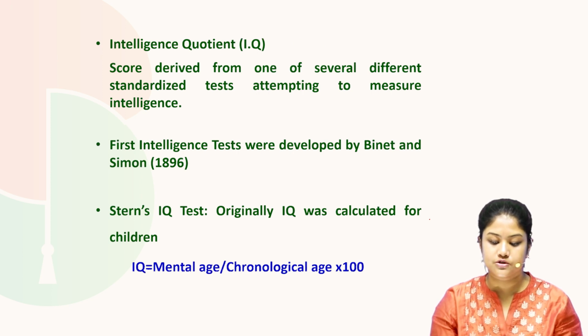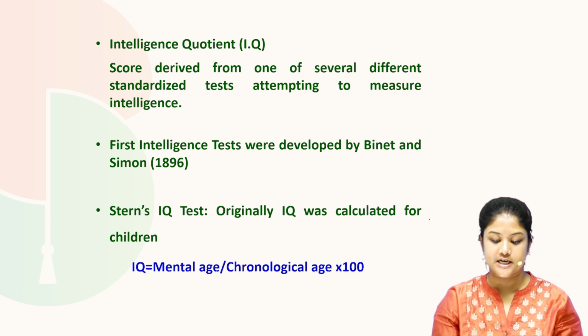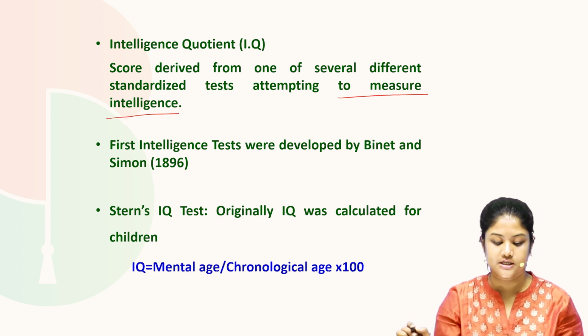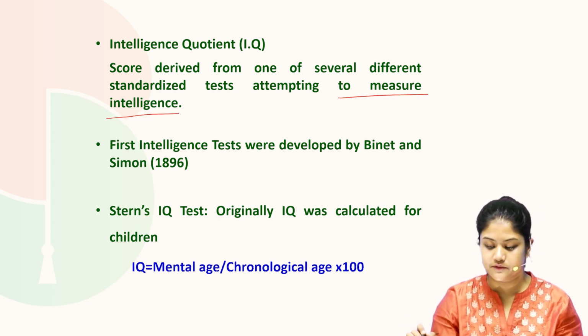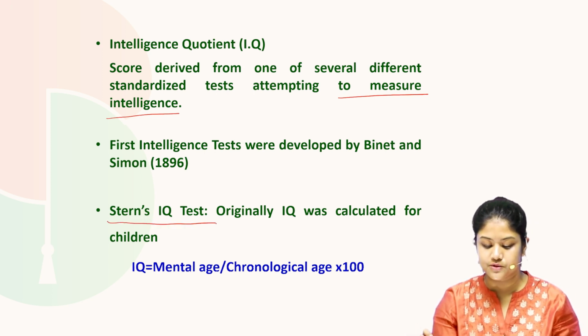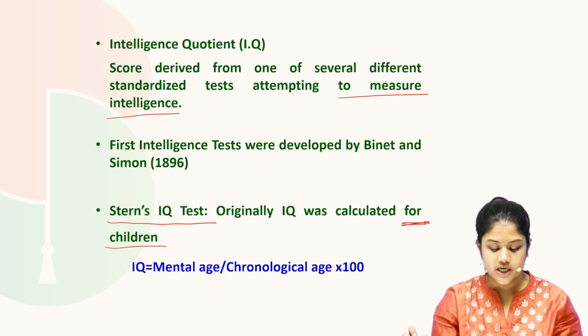Intelligence quotient, that is IQ, is a score derived from one of several different standardized tests attempting to measure intelligence. The first intelligence test was developed by Binet and Simon. Stern's IQ test was originally calculated for children. How do we calculate IQ?